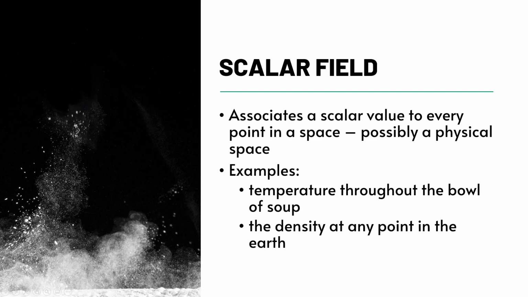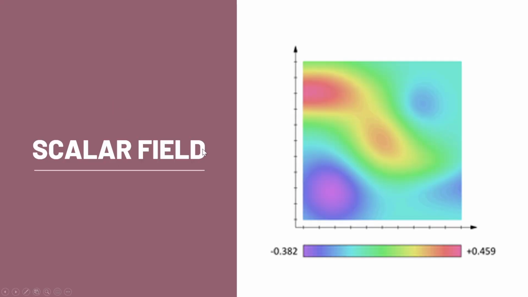A scalar field associates a scalar value to every point in a space, possibly a physical space. Some examples are temperature throughout the bowl of soup and the density at any point on the Earth. Because scalar quantities are only composed of magnitude, scalar fields are usually represented through color.